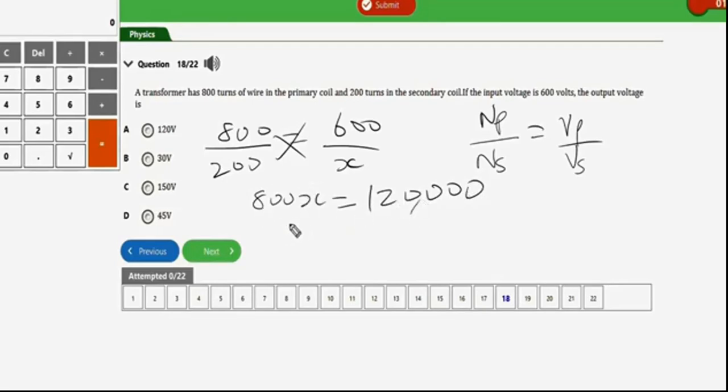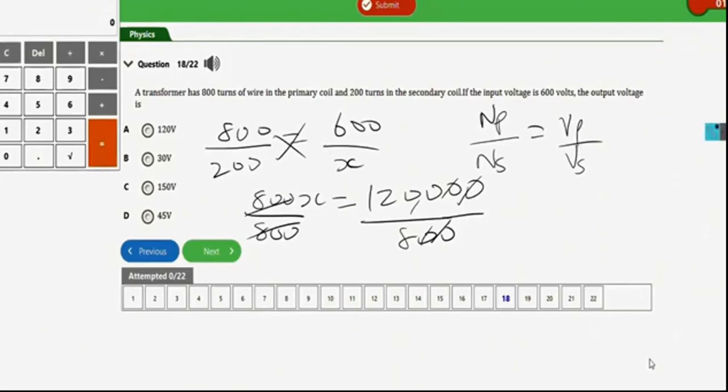So you divide both sides by 800. Okay, so 1200 divided by 8. Let's check on this calculator. 1200 divided by 8, so we have the output to be 150. The right option is option C. Okay, 150 volts is the secondary voltage.